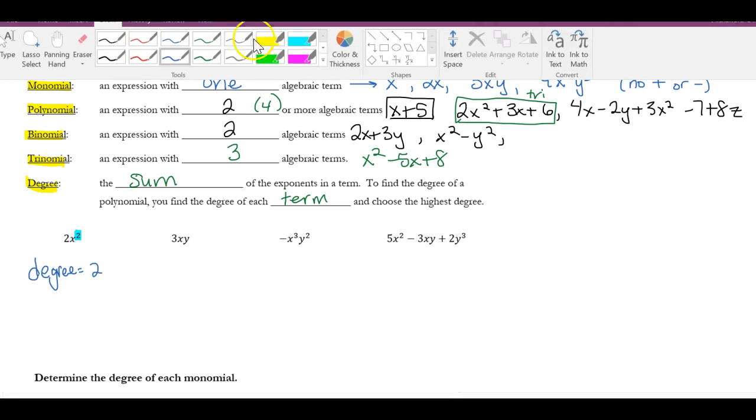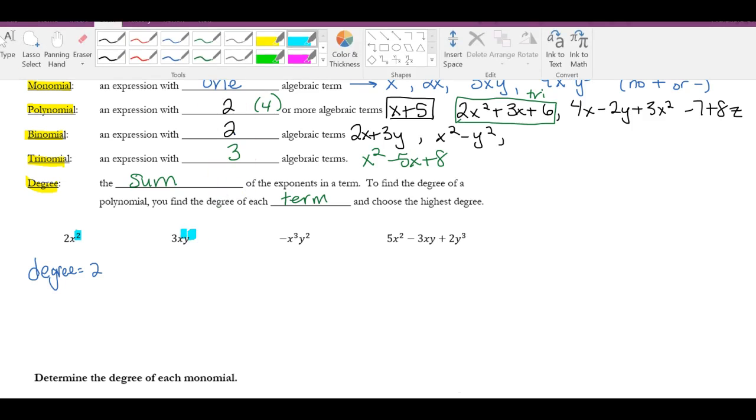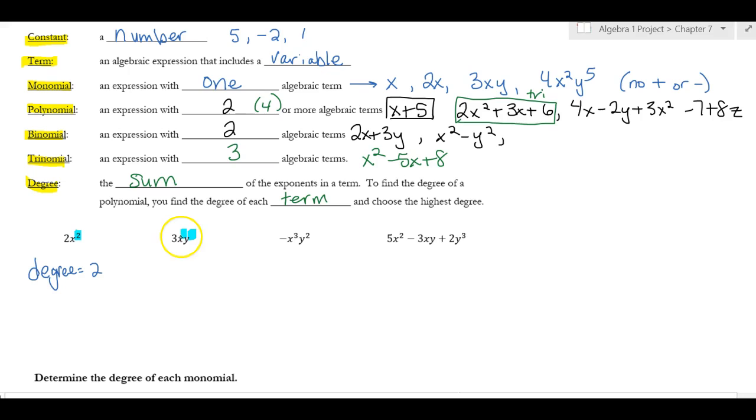On this one, if you notice, I have a degree here and a degree here. Now in both of those you don't see anything, so that means it's a degree 1 with a degree 1. And when you have a monomial and you have multiple exponents, you have to add those. So this becomes 1 plus 1, so it is degree 2.